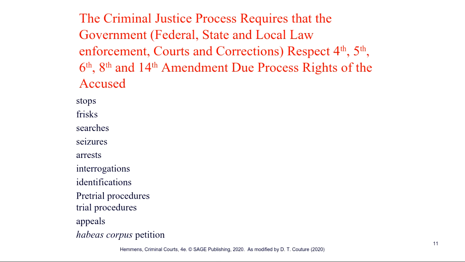Okay, so the courts are there along the way, and the defendant, through counsel, is going to challenge any of these things that take place, all of them, as often as he or she can. They will challenge what the government, law enforcement, in the case of the investigation aspect of the crime, which would be everything from identifications up to stops, and everything that the prosecution does in pretrial and trial procedures.